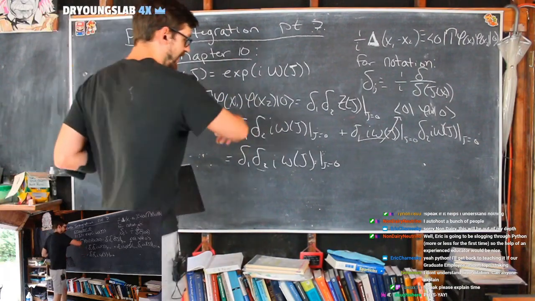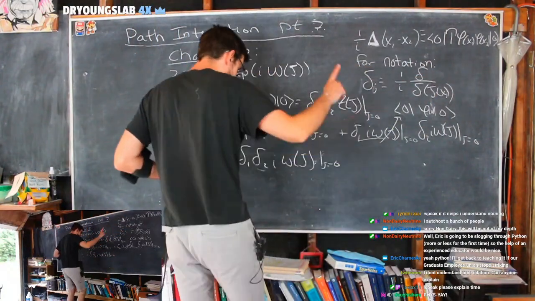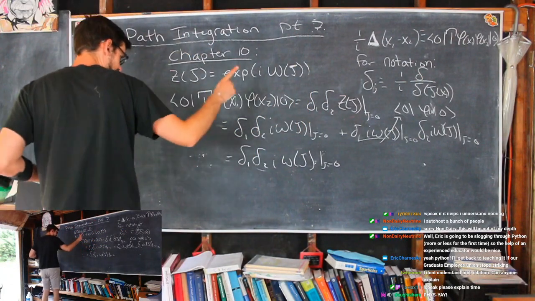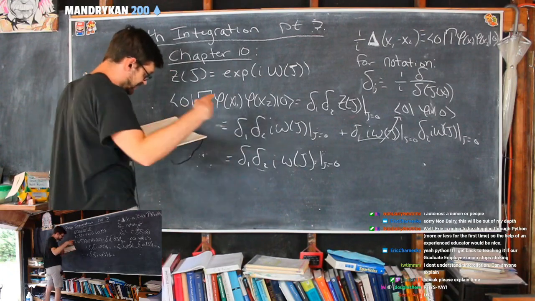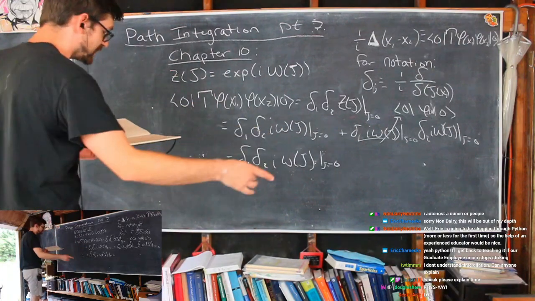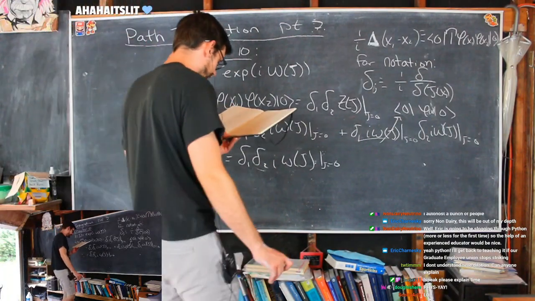So this W has these two sources around the propagator. We're going to eliminate the sources by using one of these functional derivatives. That means ultimately this will get us back to the propagator.